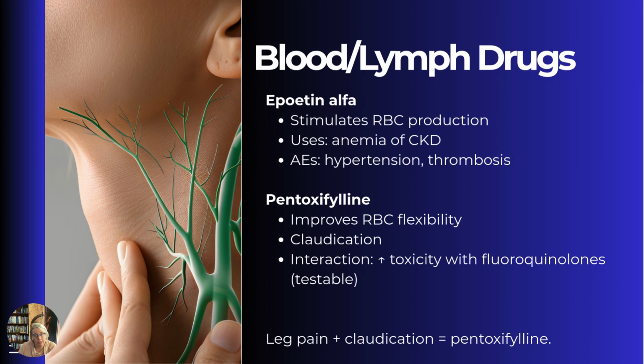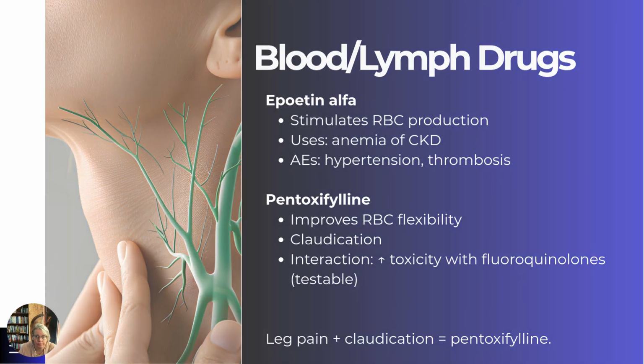Interaction with increased toxicity with fluoroquinolone. So if you have someone with a kidney treatment or antibiotic treatment with the fluoroquinolones, you need to be very careful using the pentoxifylline. You can have a toxic effect. This one is also sometimes used with chemotherapy to try to improve the claudication caused by the chemo.